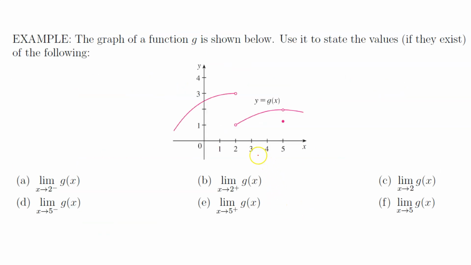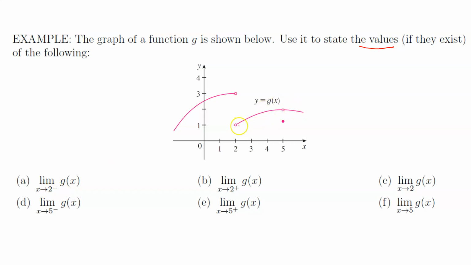Okay, let's see more examples. The graph of function g is shown below. Use it to state the values if they exist. Okay, so let's see. A, the limit of g(x) as x approaches 2 from the left.